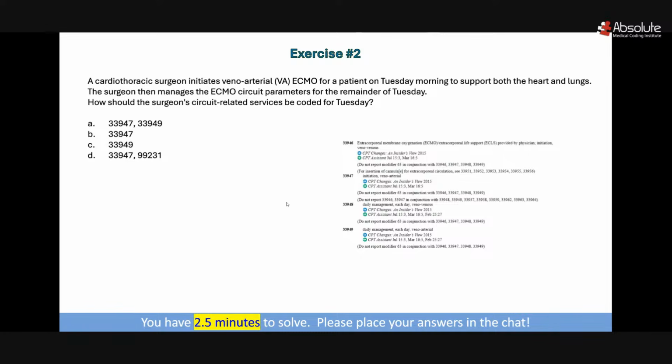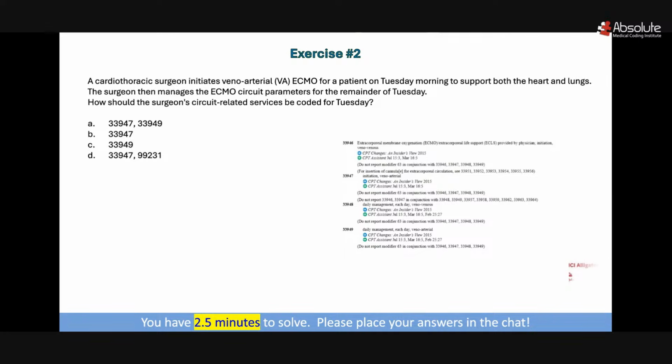I've got a few questions for you all, so keep answering quickly so we'll cover all of these questions. How should the surgeon's circuit-related service be coded for Tuesday? Option A, 33947, 33949. B, 33947, 33949. D, 33947, 99213.